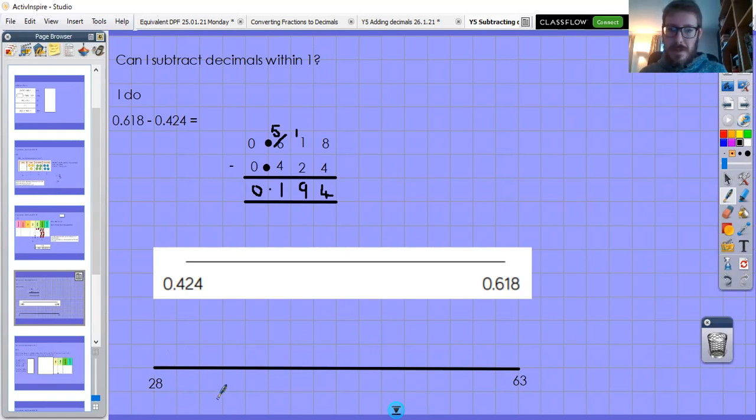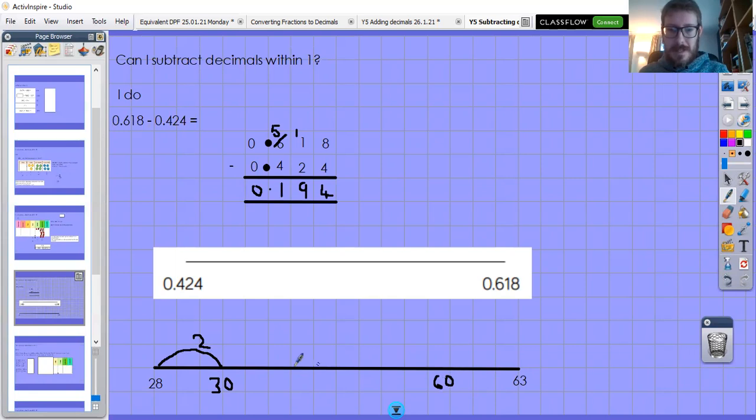So I'm going to go up to the most obvious places. So I'm going to go from 28 up to 30. Makes sense to go up to 30 because that's a nice, easy number that I can count on from quickly. So to get from 28 up to 30 was 2. Then the next obvious one to go up to would probably be 60.